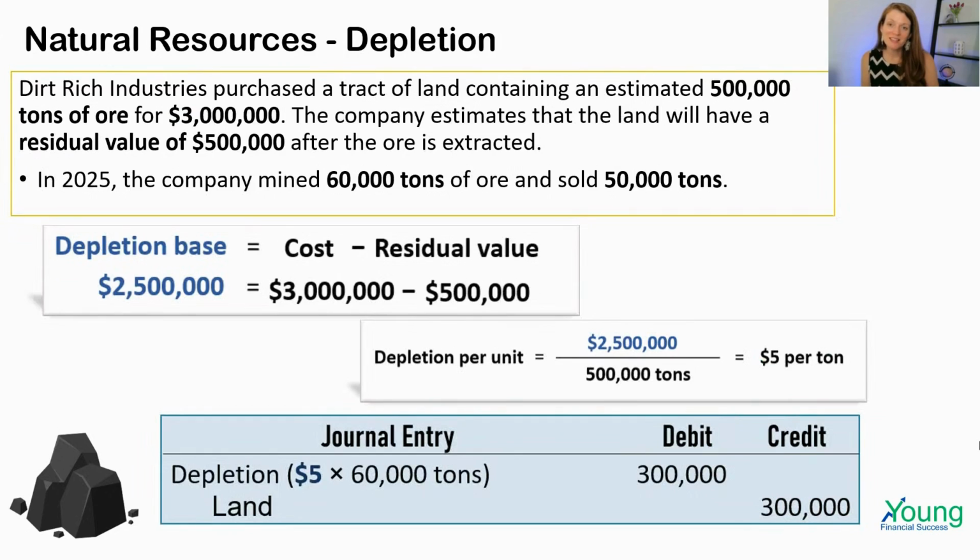The 50,000 tons that they sold is just there to throw us off, because while that's important and we want to sell lots of it, that has nothing to do with our depletion. So we are taking the $5 per ton times the 60,000 tons, and that gives us 300,000. We debit depletion, which is an expense account, and then we credit the land, the natural resource itself.